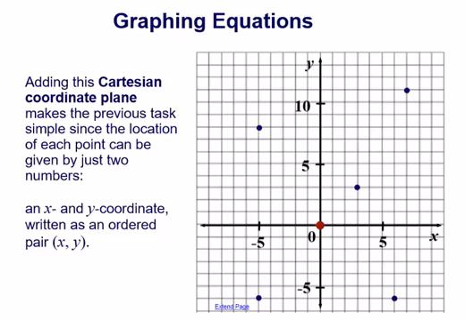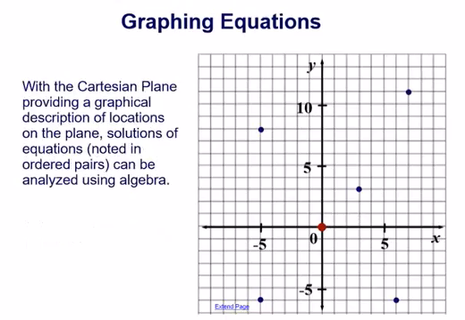They can all be represented by an x and y coordinate written as an ordered pair in parentheses, (x, y). With the Cartesian plane providing a graphical description of locations on the plane, solutions of equations, noted in ordered pairs, can be analyzed using algebra.